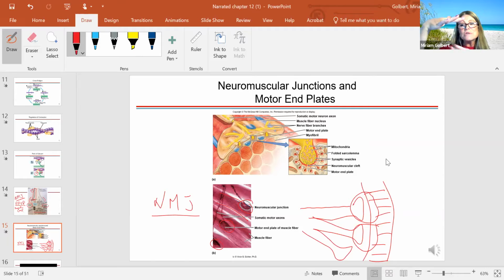So calcium is going to be sequestered in the sarcoplasmic reticulum. That's where we store calcium in skeletal muscle fibers. And we're going to see that after. But remember the calcium that comes in at the synaptic end so we can release the neurotransmitter? That's what we call extracellular calcium.